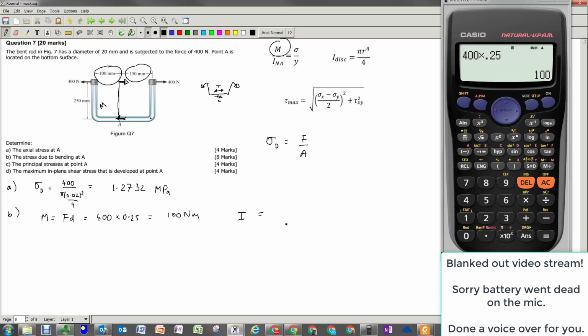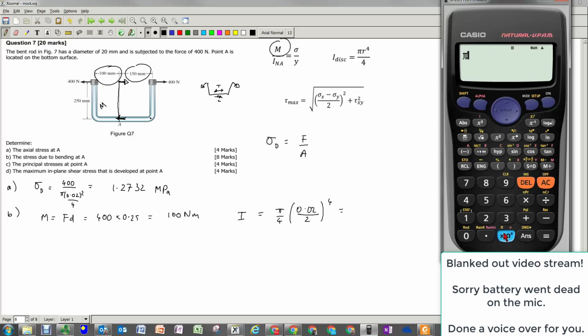Now for I, we'll use the second formula. Notice that they give us the second moment of area term here using radius. So I need to take my diameter term and divide it by 2 before I take it to the power 4. Okay, that's easy enough to do. Let's plug that into our calculator.